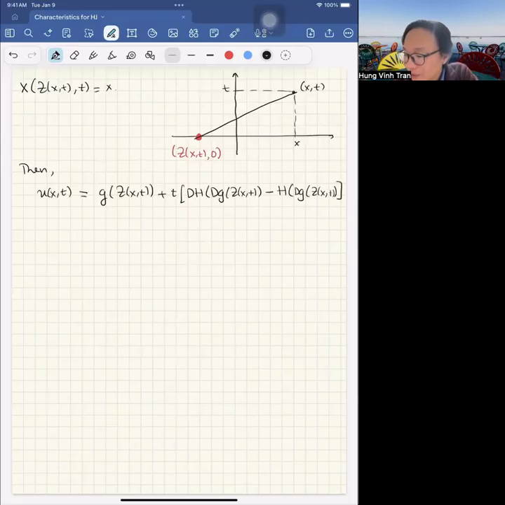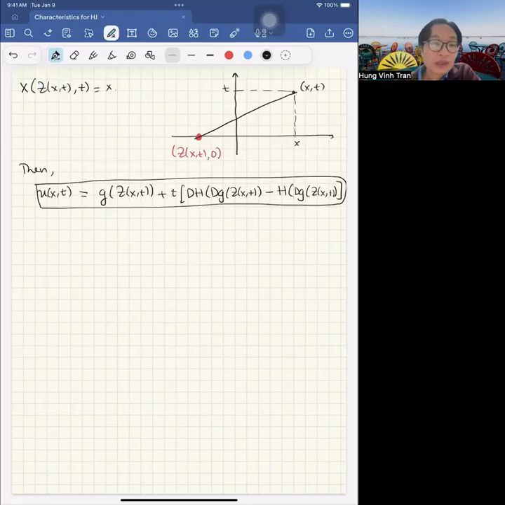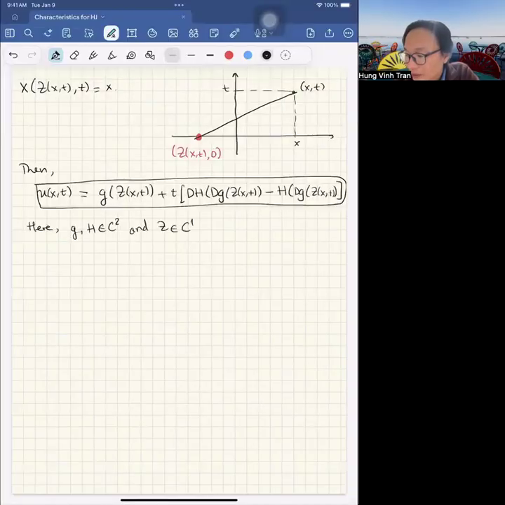Okay, this is really beautiful because then we have a complete formula for u. Again, g and h are given to us as C2 functions, right? And capital Z is C1 on R^n cross 0 up to capital time T. So this implies that u is a C1 function up to time capital T. So we are done. It's a really beautiful result.